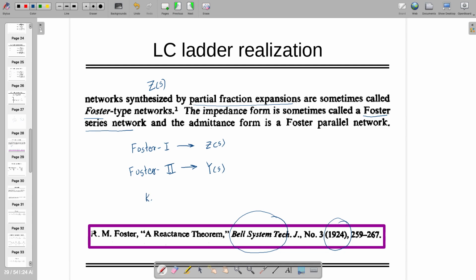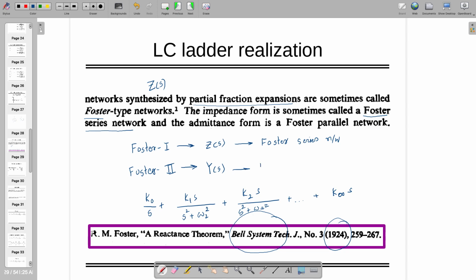The function is same. So if this is impedance, then everything is in series. So we are going to call this network the Foster series network, and if the same transfer function you are writing in terms of admittance, then all the terms are coming in shunt.